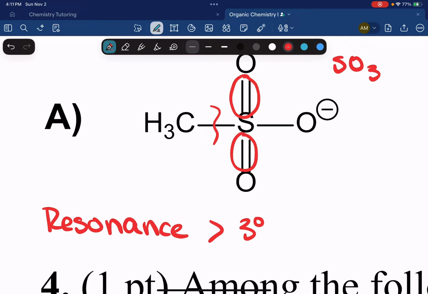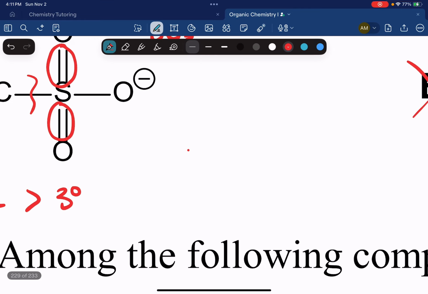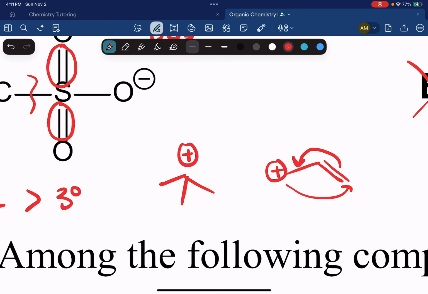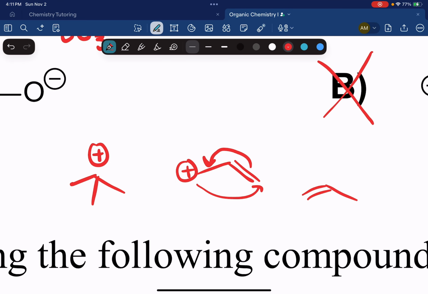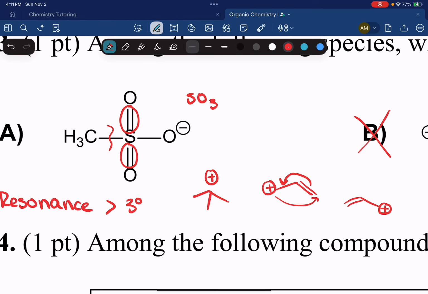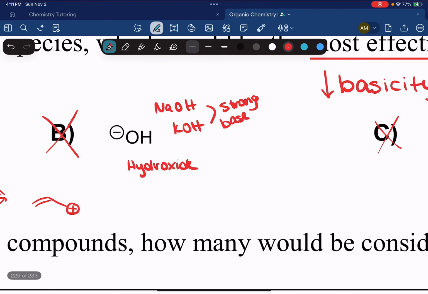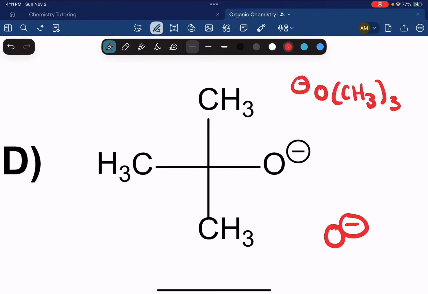When we look at stability, resonance always makes something more stable. Even if you've got a positive charge on a carbon that's tertiary, it still won't be as stable as something like this, because this has resonance. Then you would end up with it over here. Resonance always trumps tertiary.